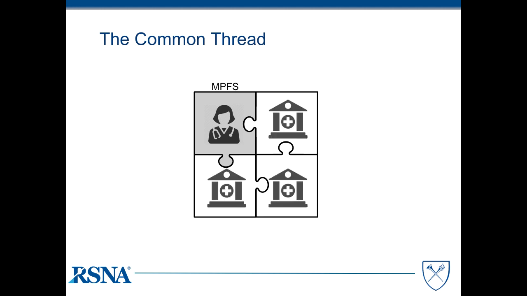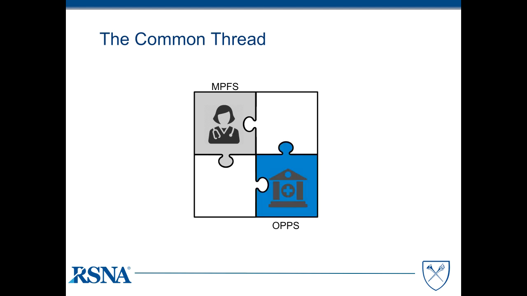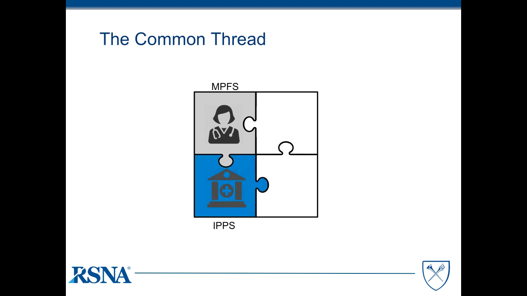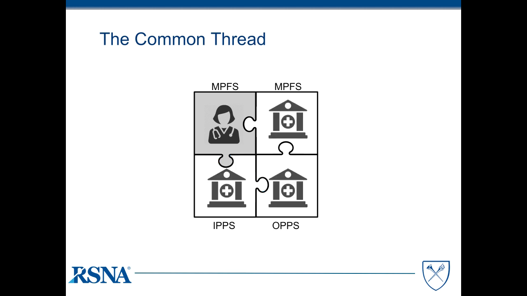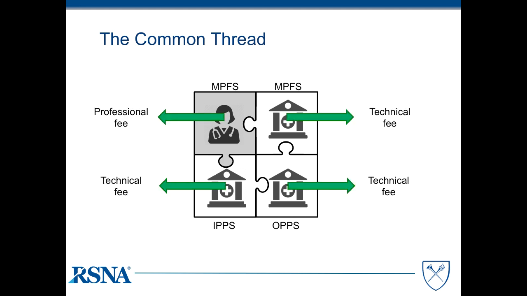The technical fee is typically paid separately, and it may come from the Medicare physician fee schedule and go to the providing physician's office based upon its RVU weighting, or from the hospital outpatient prospective payment system and go to the hospital for its outpatient services based upon the assigned APC, or from the inpatient prospective payment system and go to the hospital for its inpatient services based upon the assigned diagnosis-related group. Again, one professional payment and one technical payment, which varies depending upon the site of service.